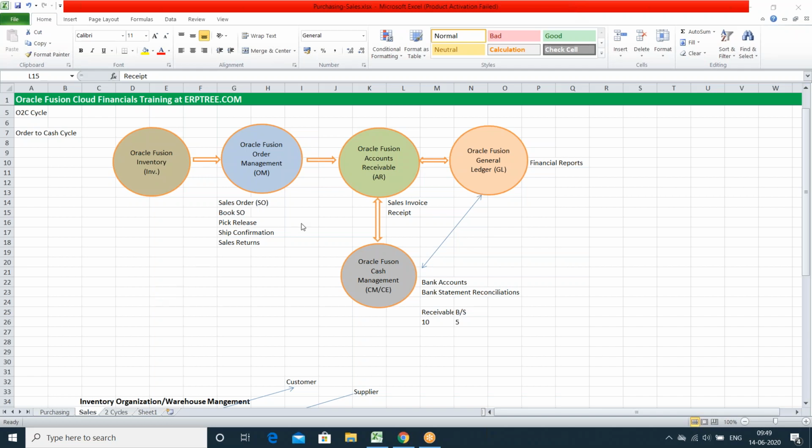Yeah, there is a process for that. When you do the sales returns, the system will automatically create a credit memo in receivables to reduce the amount against the sales invoice. The sales invoice may be for 10,000 worth of quantity; for the quantity we return, we have to reduce 1,000. You have to receive payment from the customer for only 9,000, right?